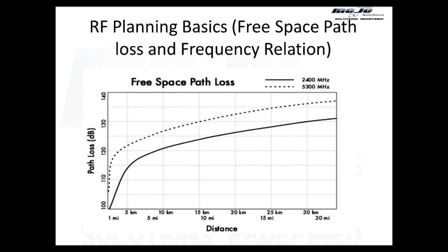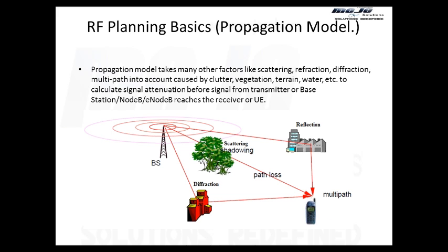Like, I'll jump to this slide, then I'll go back. So you see, this is a base station, this is a UE. What we have is a direct side. There is a diffraction, which you can see. Okay, let me check. So you can see there is a direct line of sight. There is a diffraction, right?